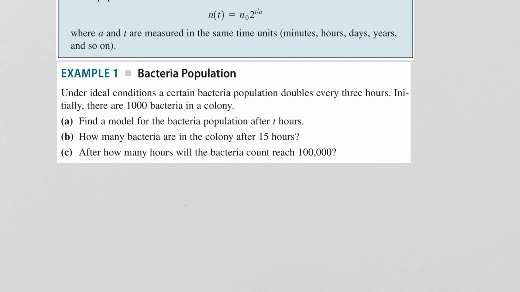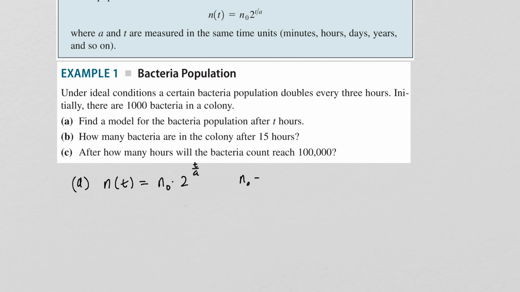So for example, under ideal conditions, a certain bacteria population doubles every 3 hours. Initially, there are 1,000 bacteria in a colony. In part A, we want to find a model for the bacteria population after t hours. We know that N of t is equal to N naught times 2 to the t divided by a.